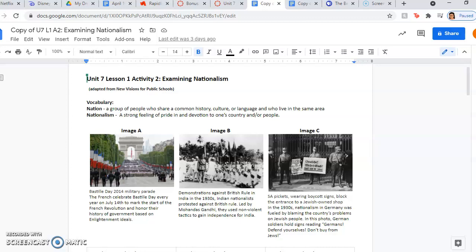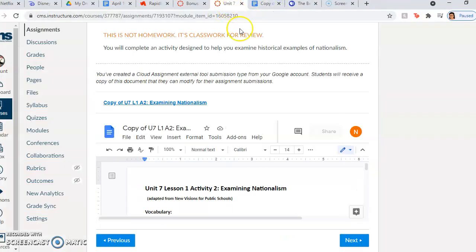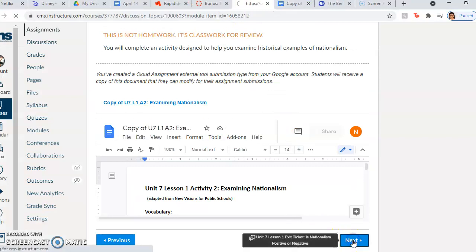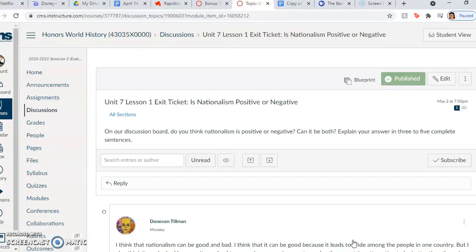So what I asked you to do with this was try to find a connection to the 21st century, to try to look to see if you can find propaganda even in these images. And we defined propaganda, and then we also discussed what grade you were in when you first learned of propaganda. Again, all this coincides with the impact that nationalism had on the causes of the war.